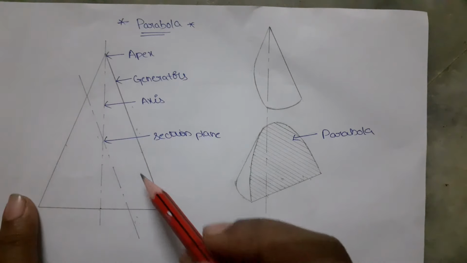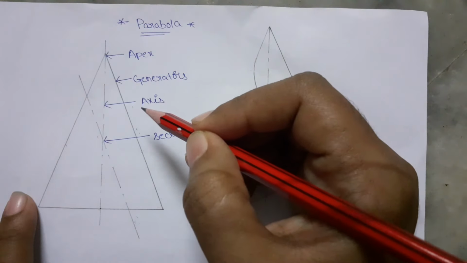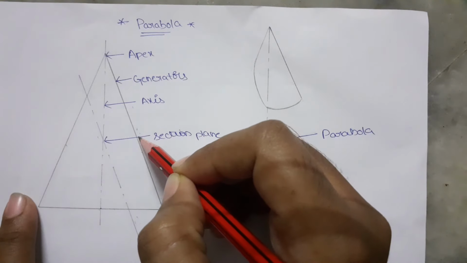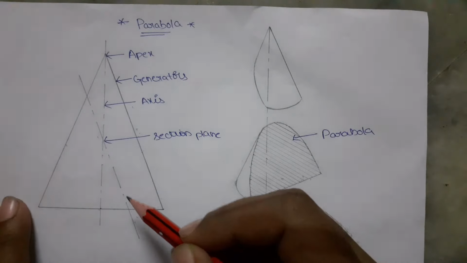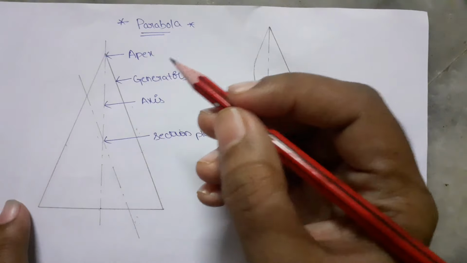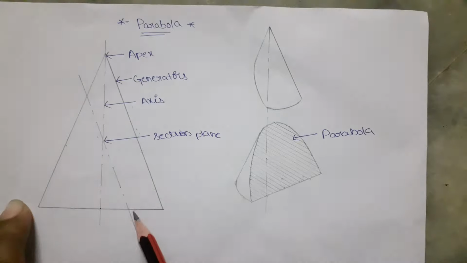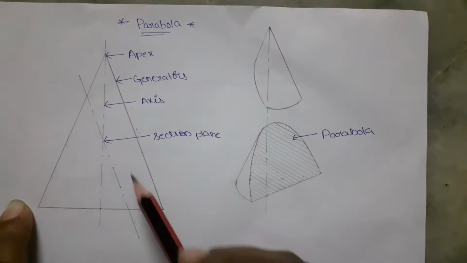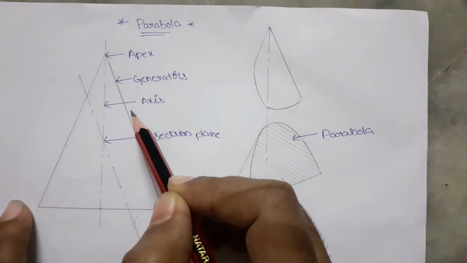You can cut the cone in this direction or in this direction, but the section plane should always be parallel to the generator. This is one generator and this is one generator. The section plane must be parallel to either of the two generators.